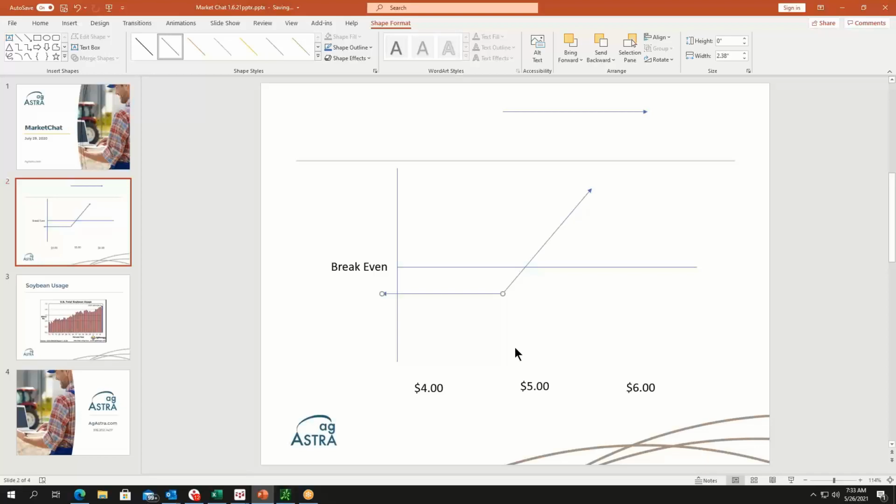But it's an elusive target, because if you started playing this game when corn was at $4 and $4.20 and $4.30, and you scale into sales because the price of corn went up, what we would have actually done is shift your graph to the left.